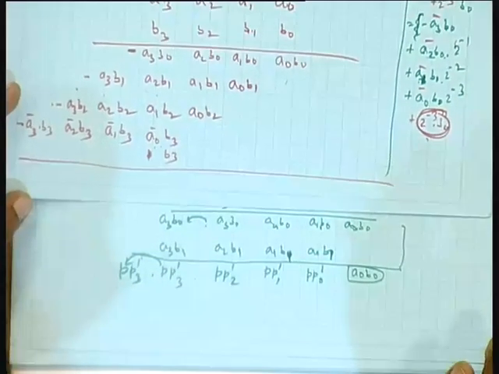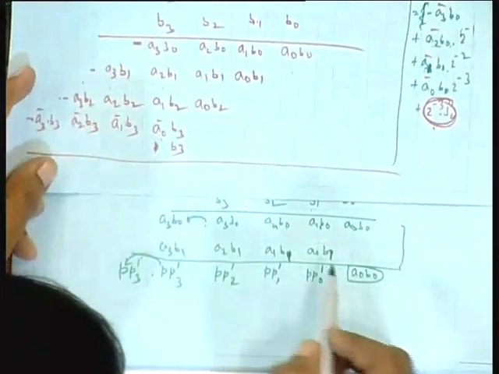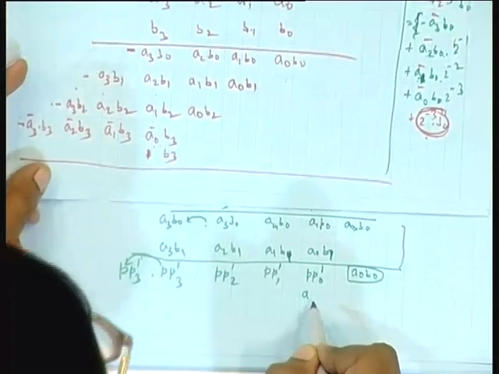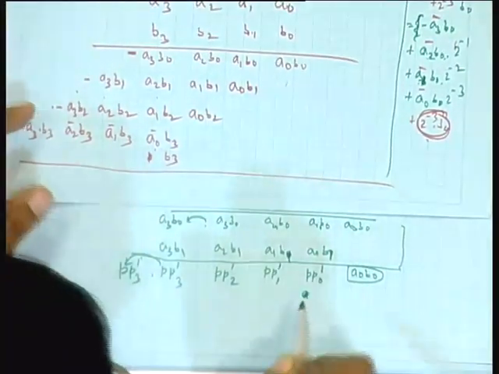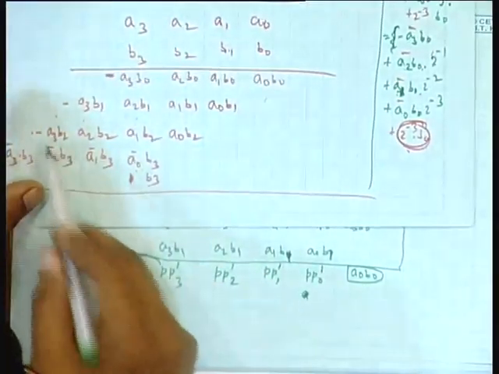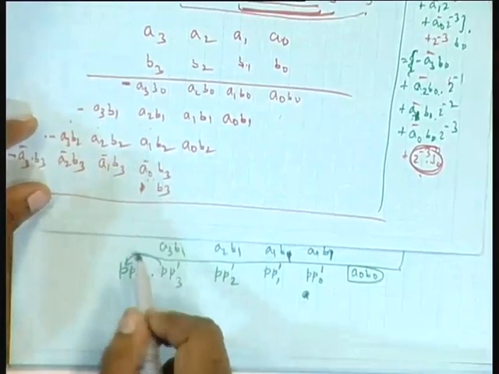And then you add with this result, next result. Next result is this sign bit, this is sign bit A3, B3, A3, B2.